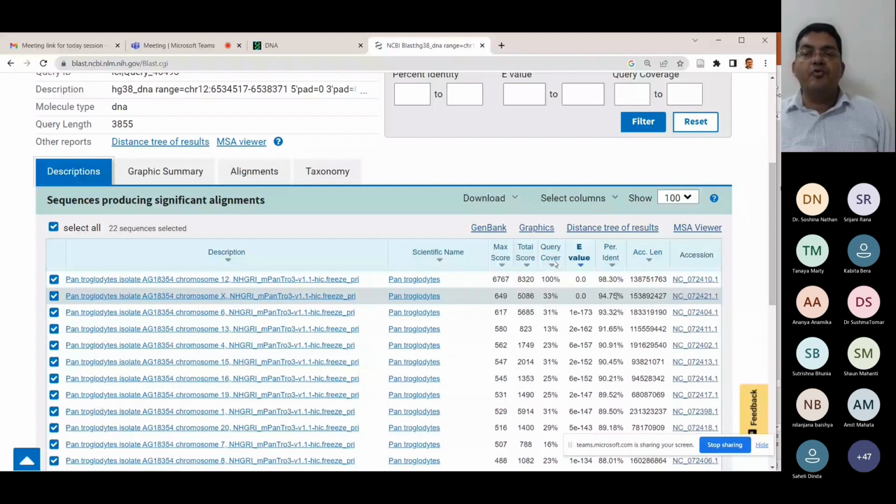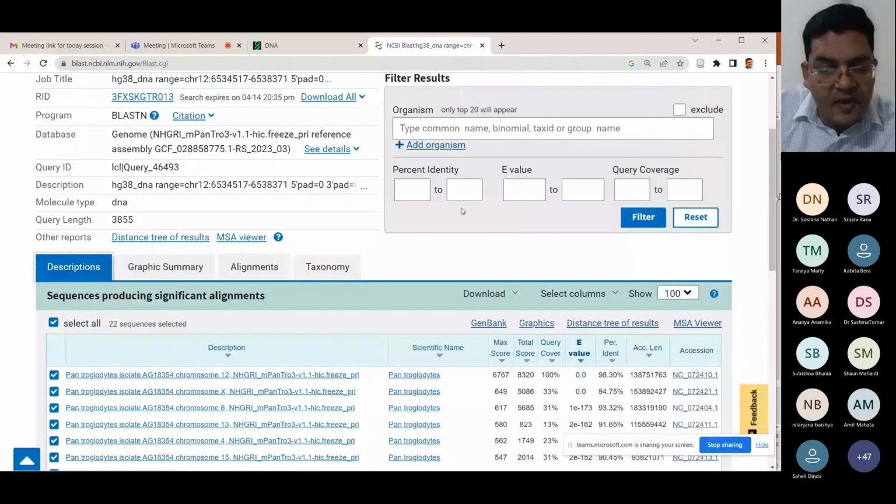So you could use both also. You could say for percent identity, let's say 85 to 100, right? And then for query coverage, you say 80 to 100 again.